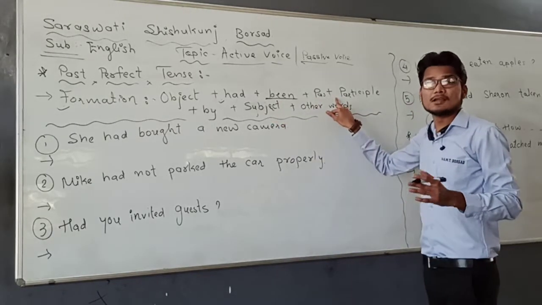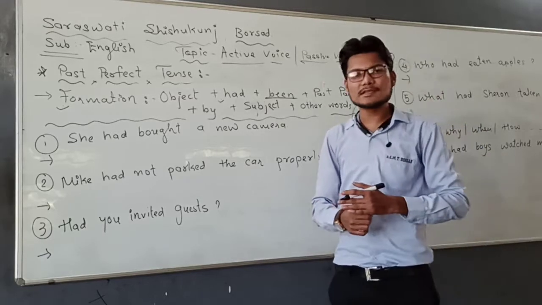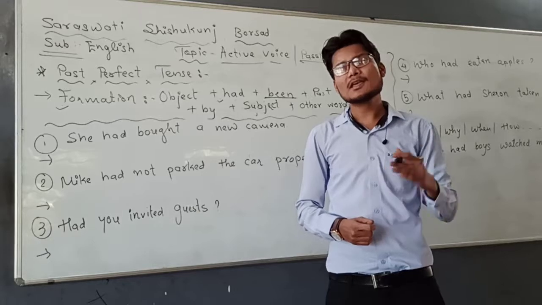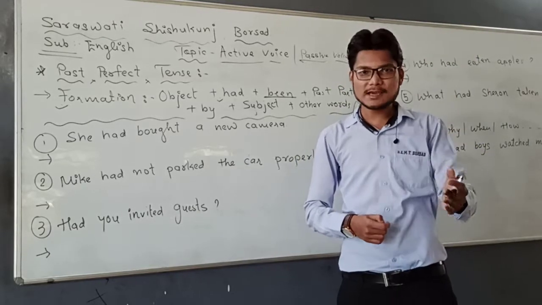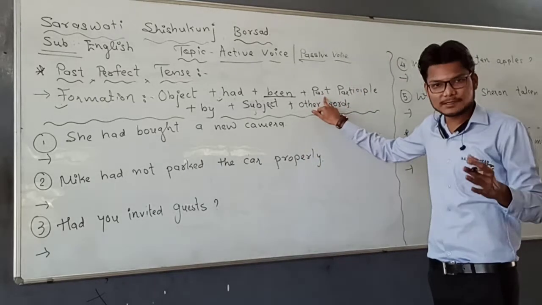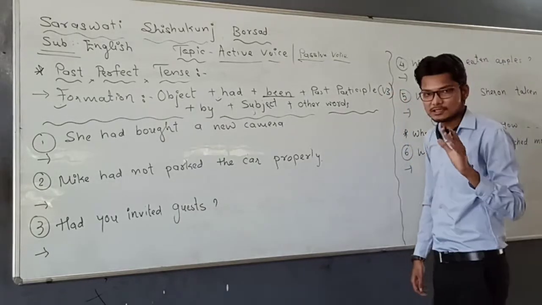Then, whatever tense it is, whenever you are making any passive voice, you have to put the past participle of the verb form. In the first video also I told you the same thing. Why? Because we are making the passive voice. So here you have to put the past participle or V3 form of the verb. This is the main thing.